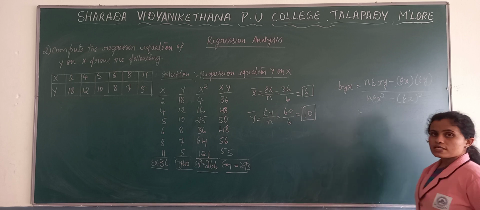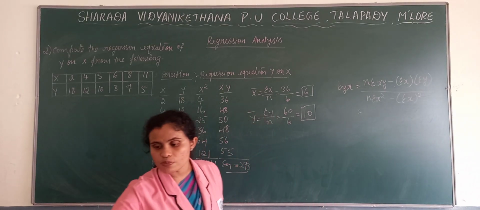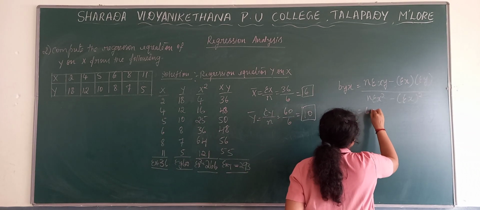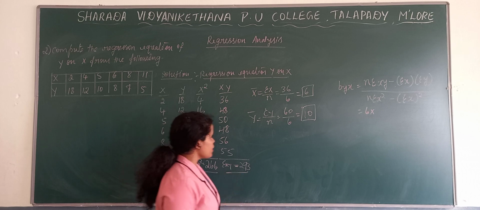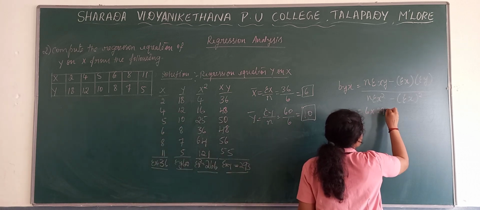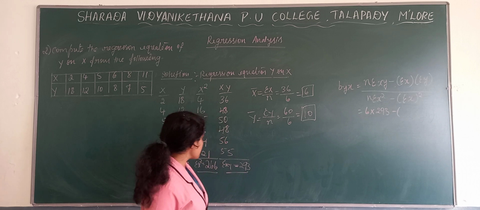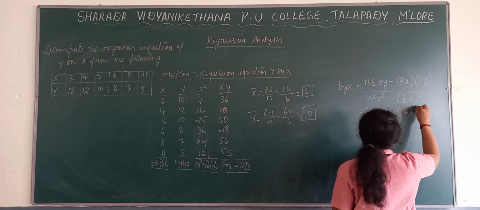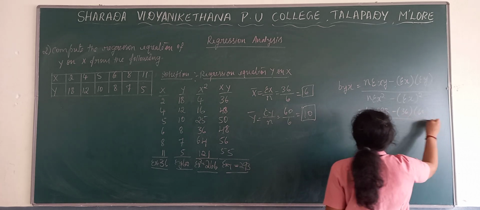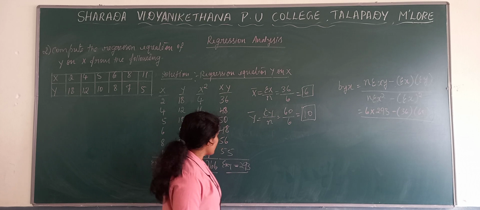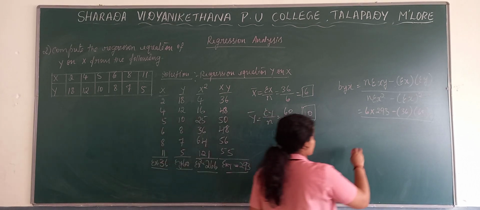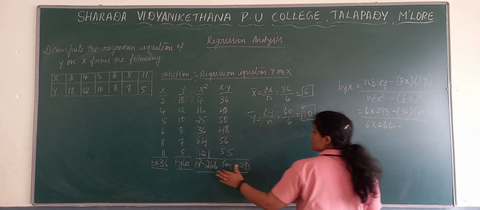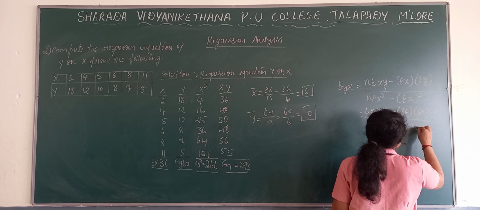How many observations do we have? Altogether 6 observations. So 6 into sigma xy, 293, minus sigma x total, that is 36, into sigma y, that is 60, divided by n sigma x square, which is 266. So 6 into 266 minus sigma x, 36, whole square.